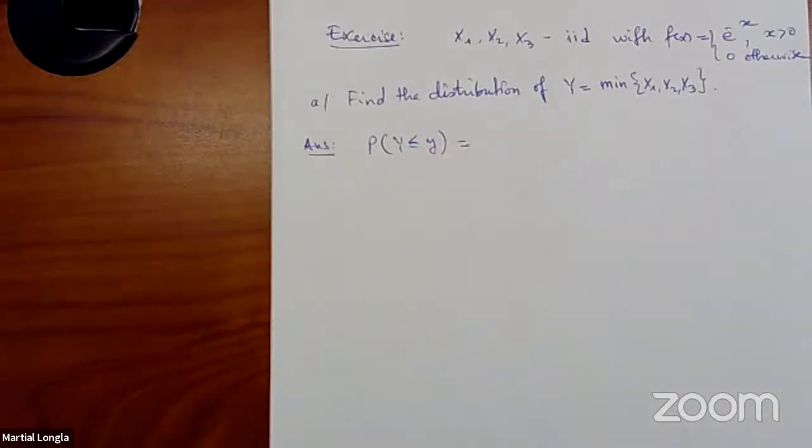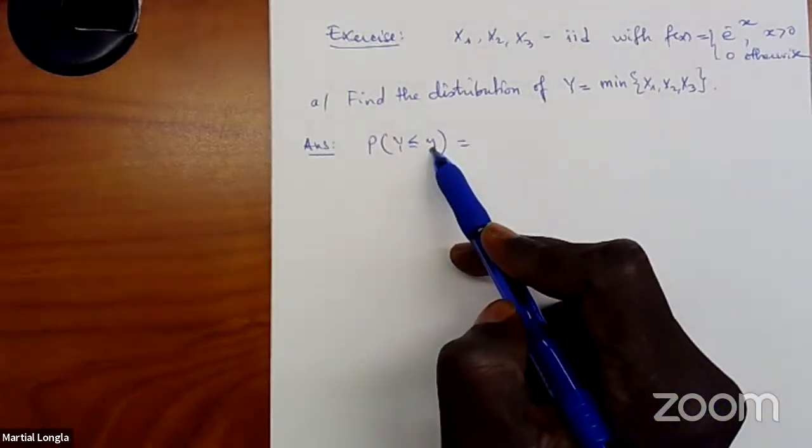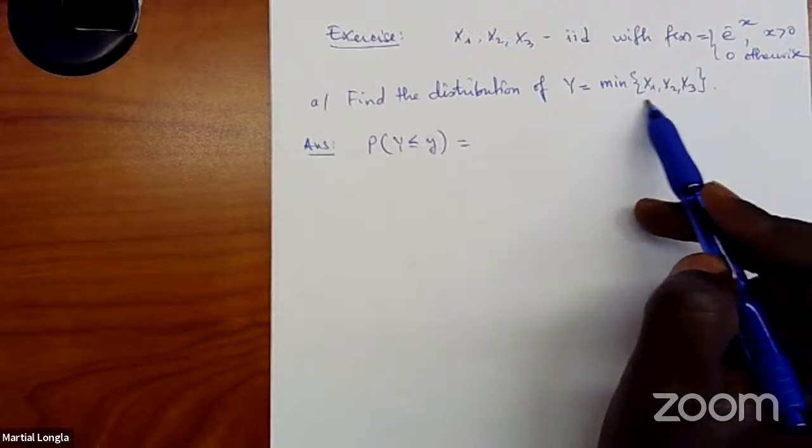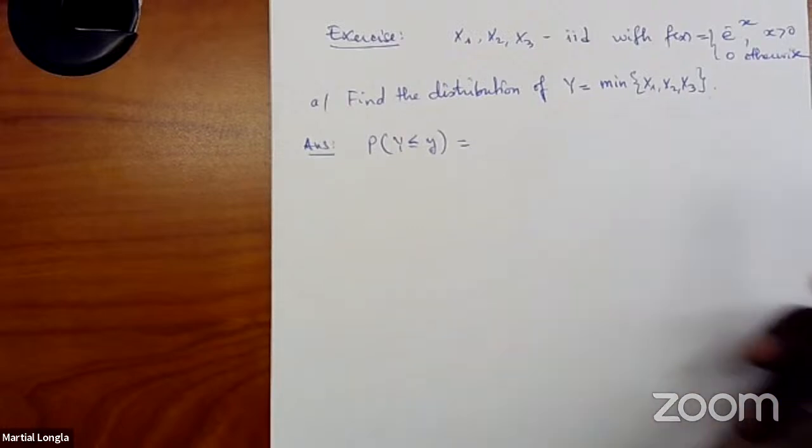How do we find this distribution? I say, okay, what's the probability that Y is less than little y? We want to find it out. Y is the minimum. When you think of the minimum, you see 3 variables and you want to put the number y somewhere between the variables X1, X2, and X3.